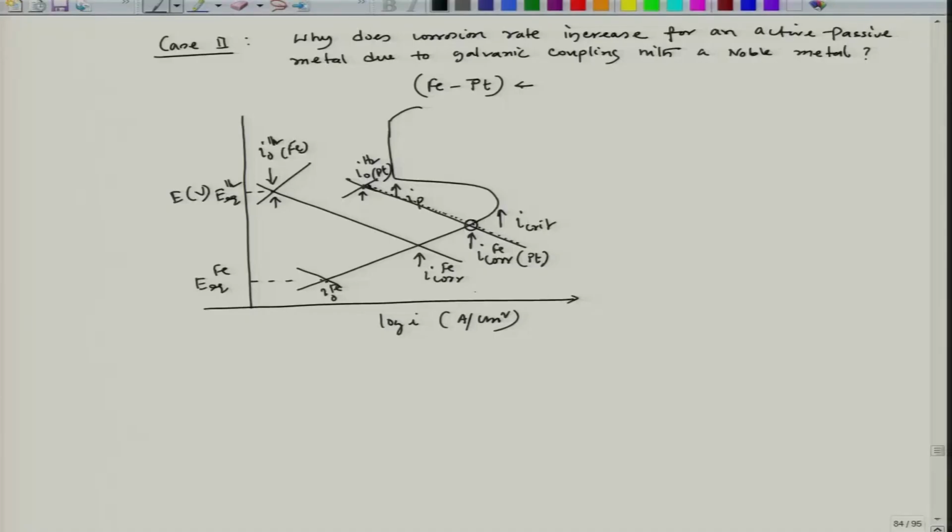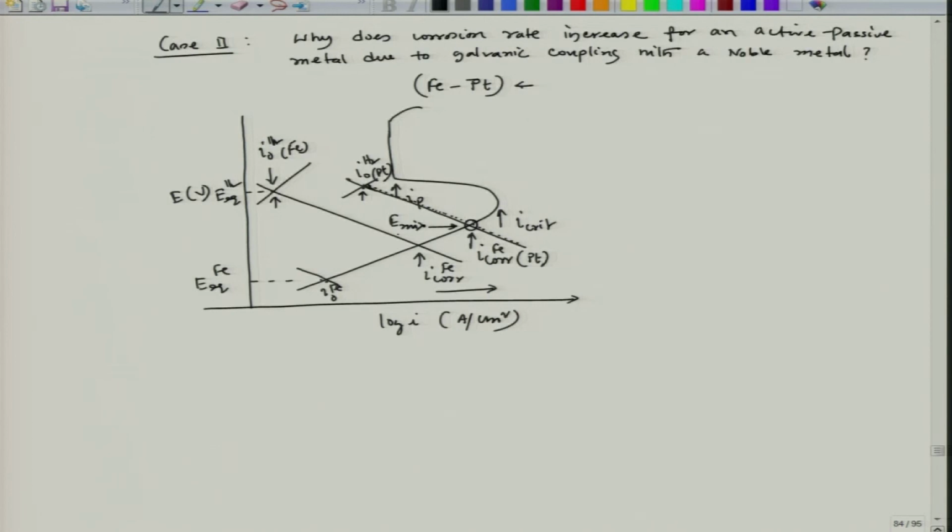So, that is why the corrosion rate is hiked or increasing. So, there could be two possibilities. If the mixed potential lies in the passive zone, then I would be able to reduce the corrosion rate drastically. But if the E mix, because here this is the E mix or mixed potential, lies in the active zone, of course the corrosion rate would increase rather than decrease. These are the two situations we have explained.